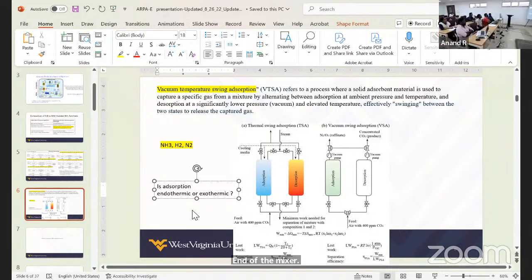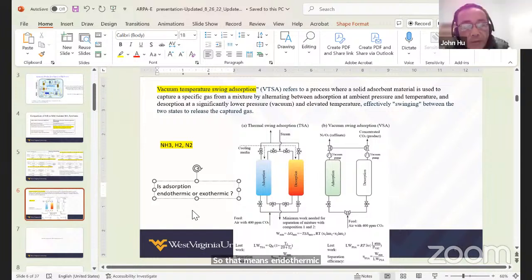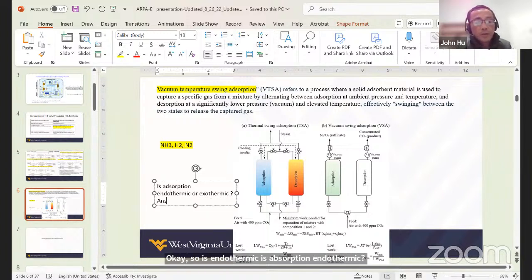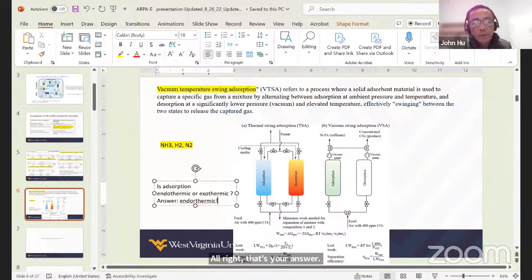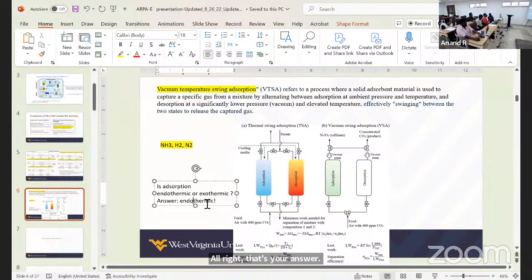Yes, sir. So that means endothermic needs heat. Yes, sir. Are you sure? Okay, so is adsorption endothermic or exothermic? You said an answer. All right, that's your answer. Yes, sir. Is that right? Endothermic. Okay.